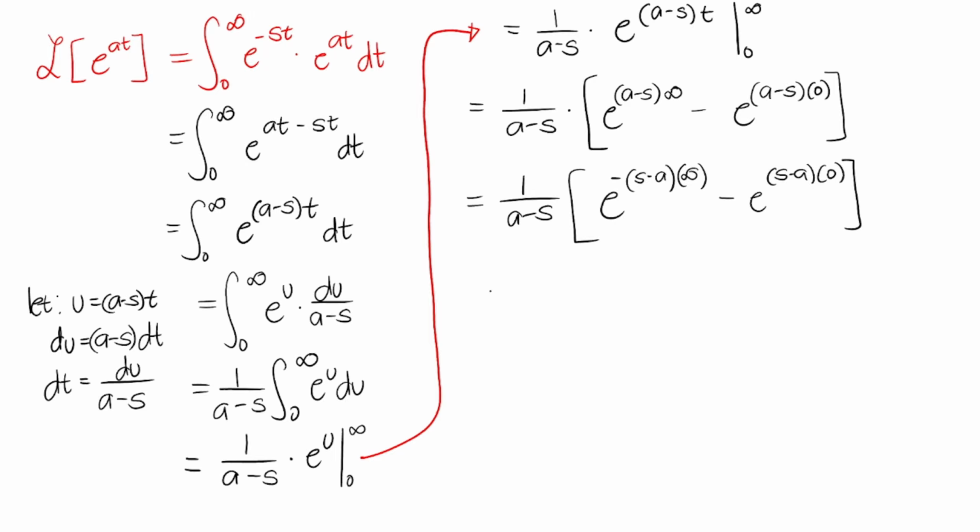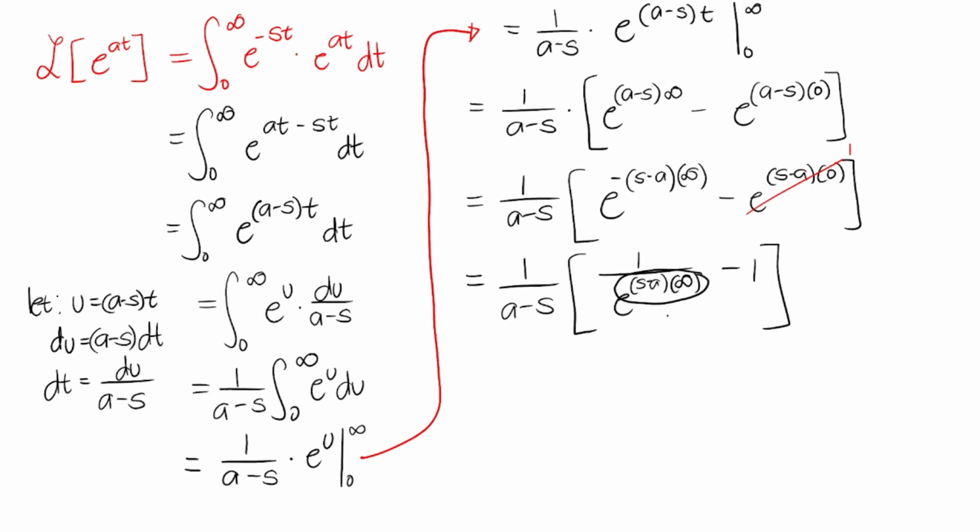So, again, we can rewrite this as 1 over a minus s, 1 over e raised to s minus a times infinity minus, and from here, kita natin that it's multiplied to 0, and anything raised to 0, magiging 0 lang to. So, e raised to 0 is equal to 1. So, we can write that as 1 na. And again, 1 over e raised to a significantly large value kasi s minus a times infinity yan. So, 1 over a big value or infinity is approximately equal to 0.